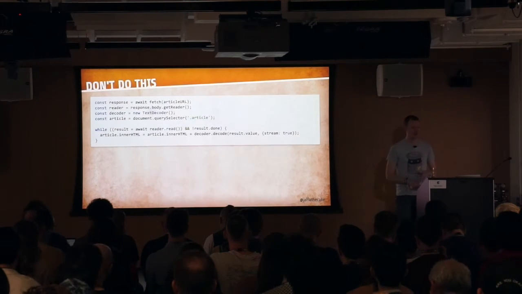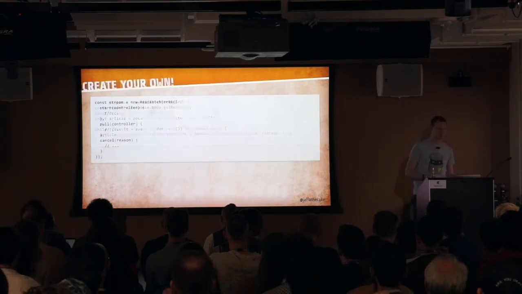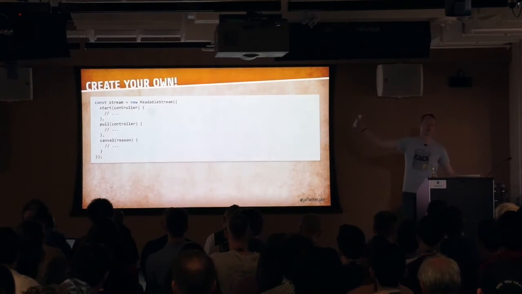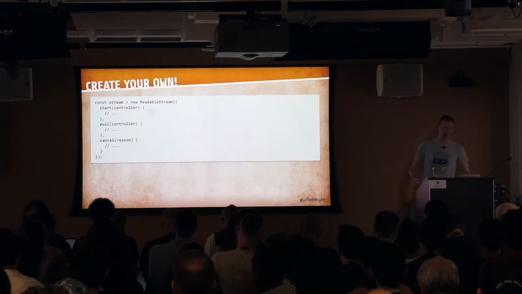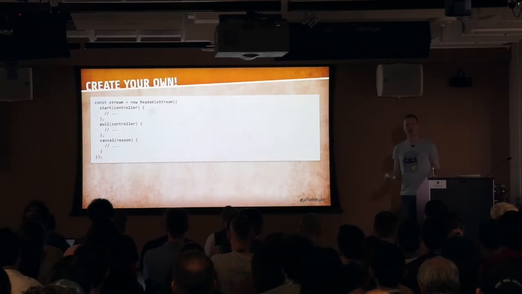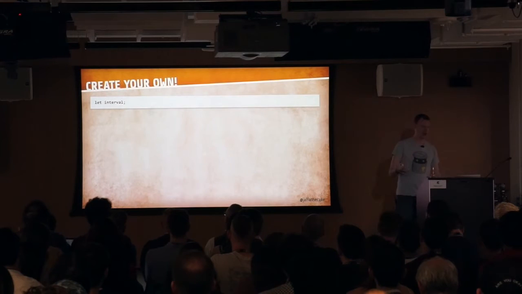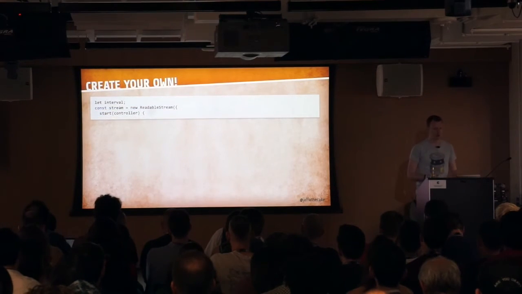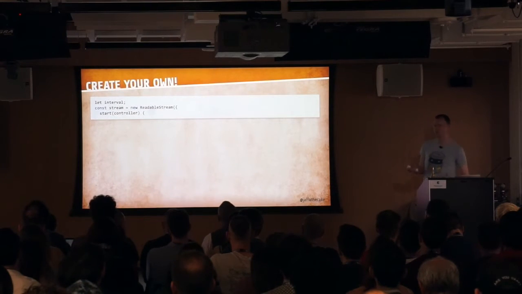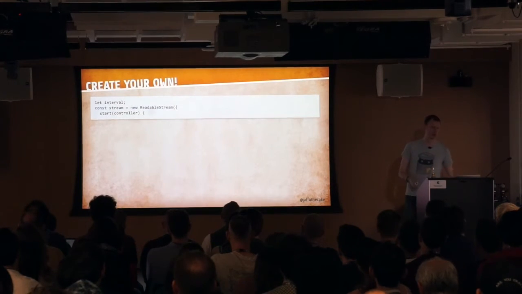But in Chrome Canary, you can actually create your own readable streams. It's like that. That's all it is. You pass an object in with some of these methods. You don't need all of them. So say we wanted to create a stream of random numbers. I'm going to have this bar here for an interval, and you'll see why in a moment. I'm going to create a stream, then I'm going to pass in this start method. This is called straightaway. It's a good way to set up the stream.